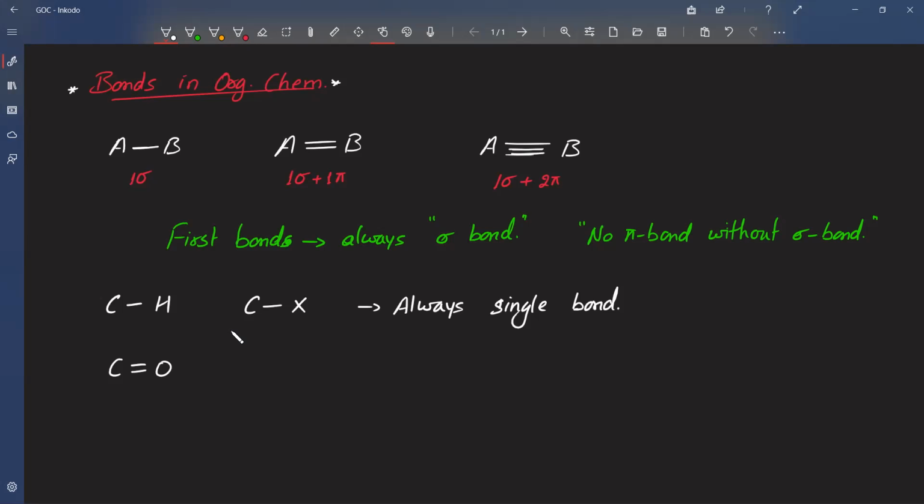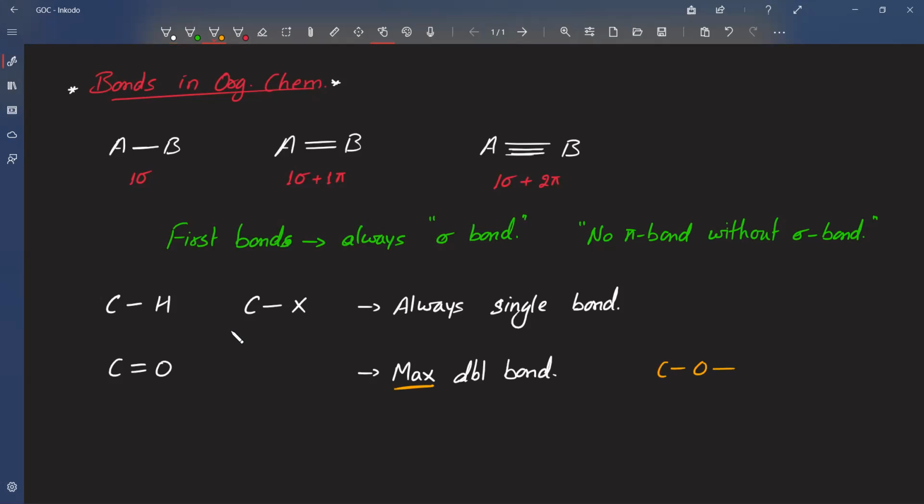Right? So in carbon and nitrogen as well, but maximum double bond. You won't find a triple bond in carbon and oxygen, right? So carbon and oxygen can also form a single bond, but maximum they will have a double bond.